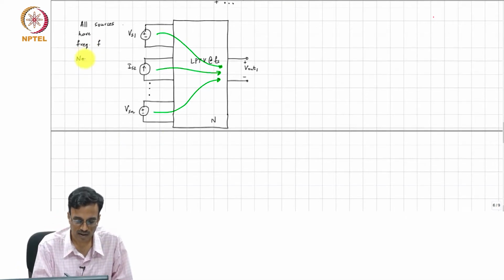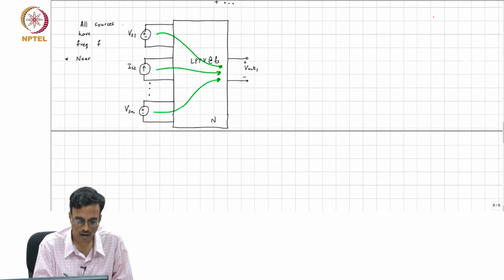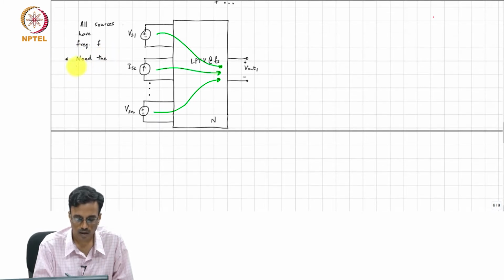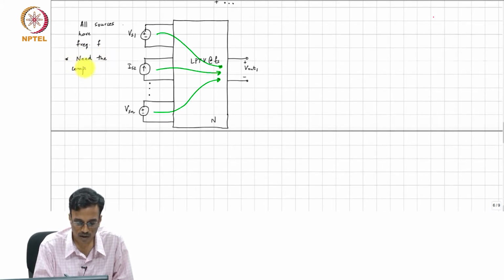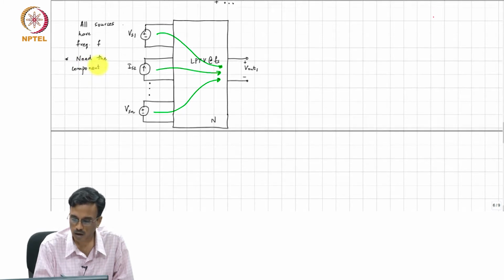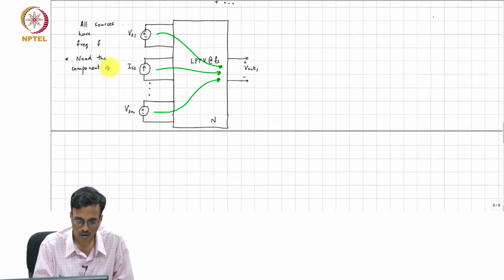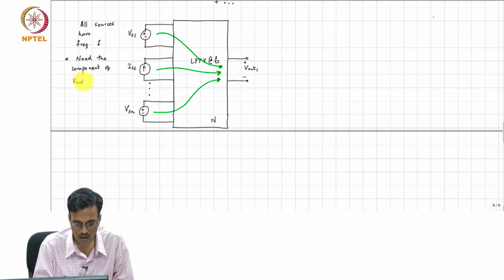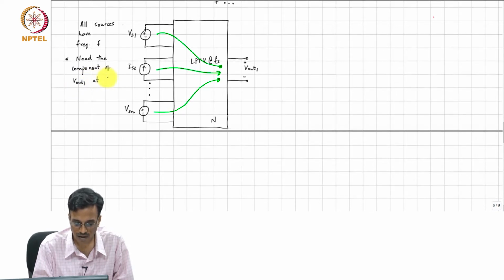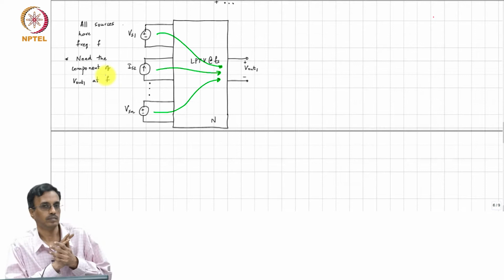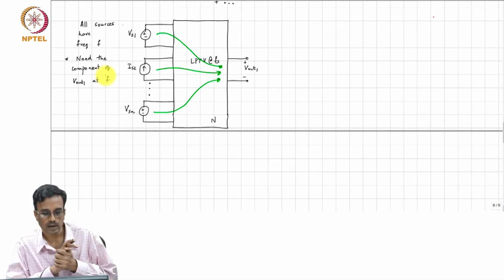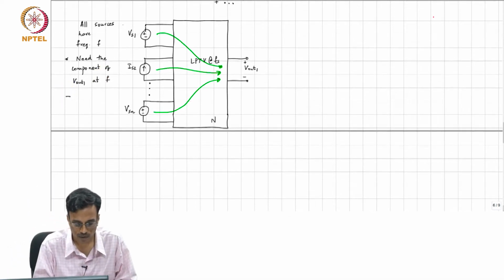And we basically need the component of V out 1 at f, all right, and this is a very laborious process.